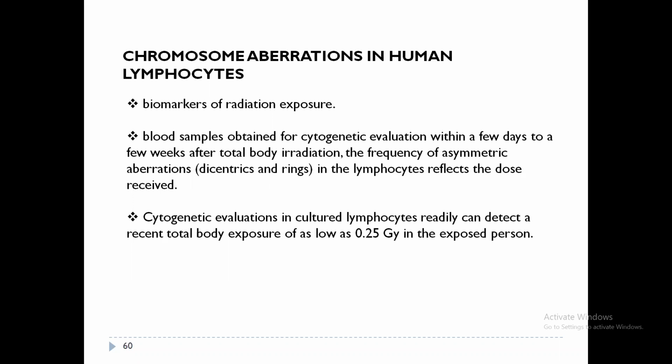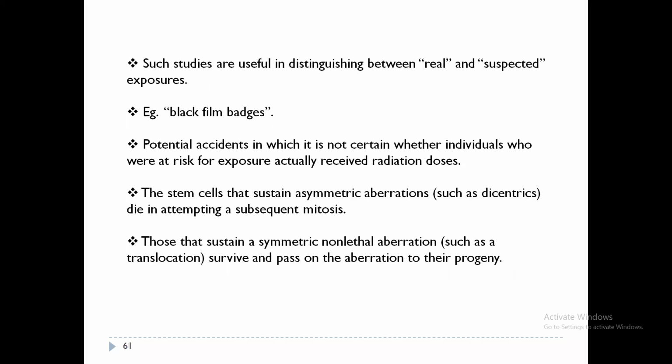Cytogenetic evaluation in cultured lymphocytes can readily detect a recent total body exposure as low as 0.25 gray in the exposed person. Such studies are useful in distinguishing between real and suspected exposure, for example, fogged film badges, and also in potential accidents in which it is not certain whether individuals at risk actually received radiation doses.